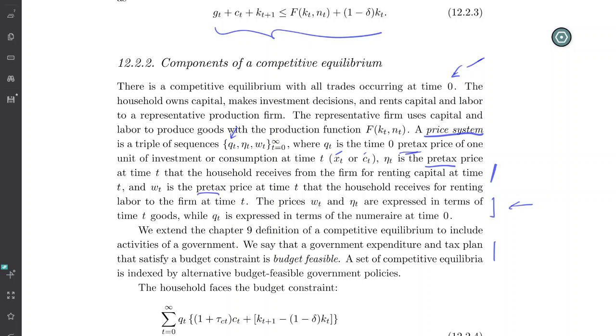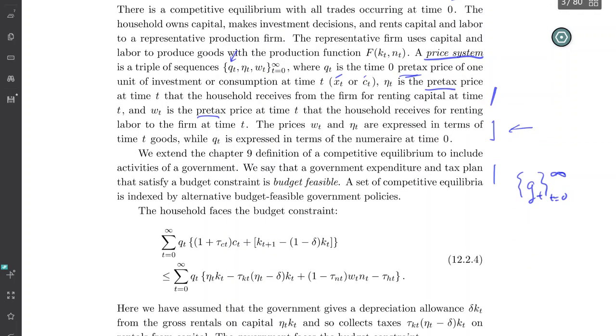So what's going to happen is there's certainly not going to be a unique competitive equilibrium, even with a G_t sequence that's given. There's going to be a manifold of competitive equilibria that are going to be indexed by government tax policies. Okay, so that's a key thing.